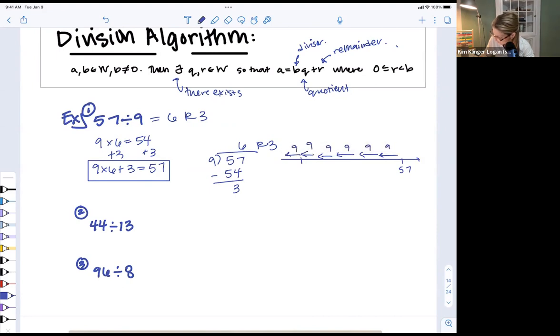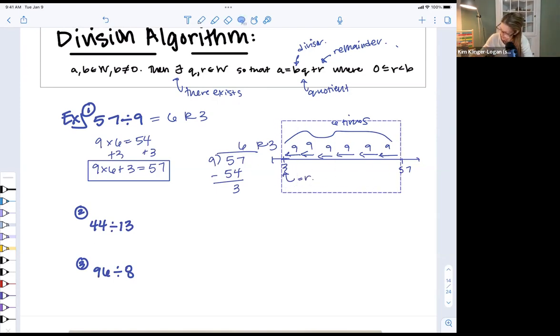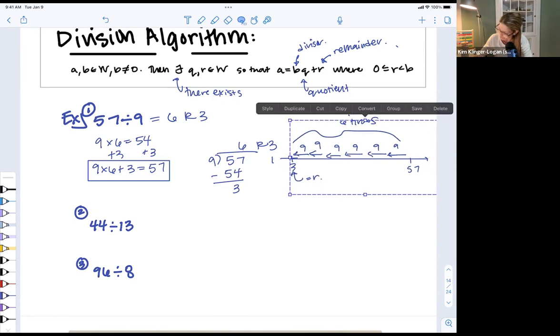And I'd notice I had to do this 6 times before I almost got to 0. So this is 6 times. And I would still have a remainder of 3. So that's just using that measurement model.